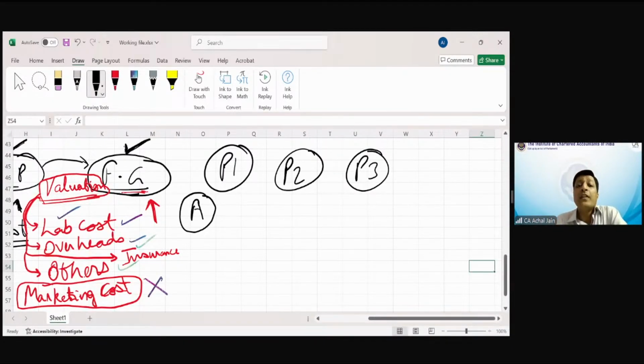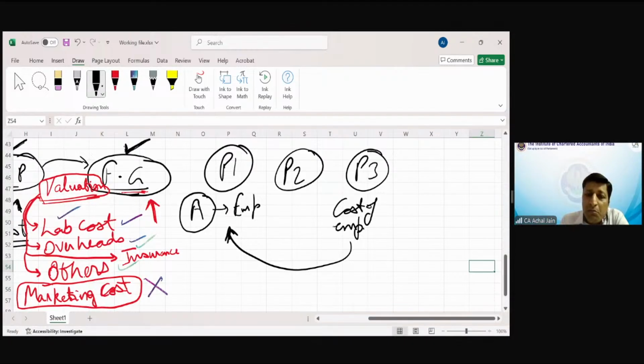Who is involved in production of A? Employees of plant 1. So now, is it possible that cost of employees of plant 3 be included in the cost of this product A?